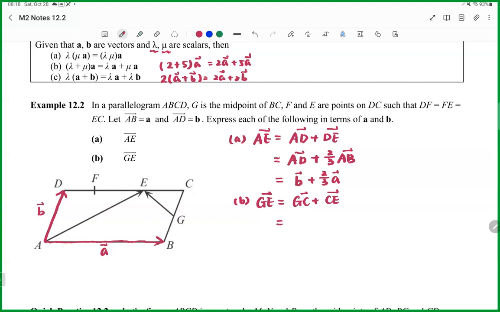And GC is equal to 1 over 2 AD. And CE equals, oh sorry, CD, which is BA.